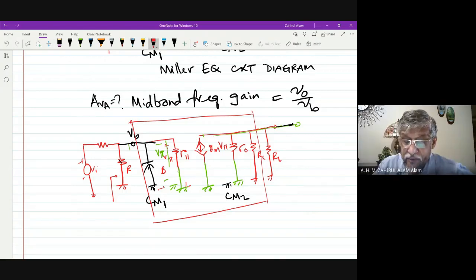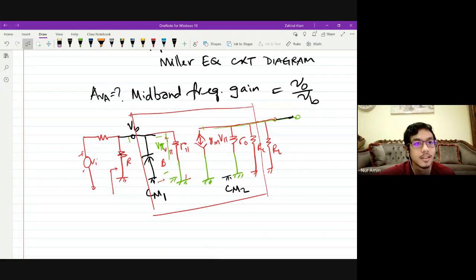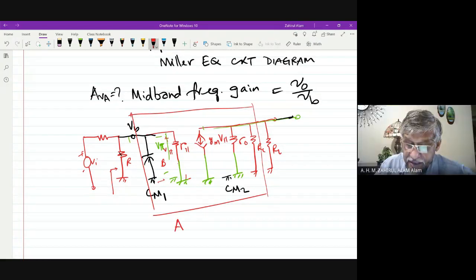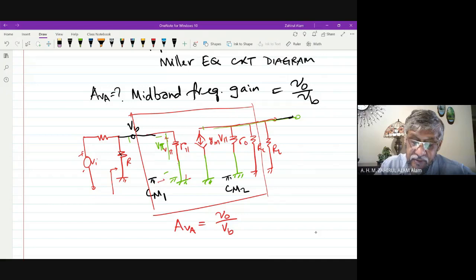Correct. Now can we find the mid-band voltage gain? Yes. AVA is equal to V naught over VB. So these capacitances are also not there.